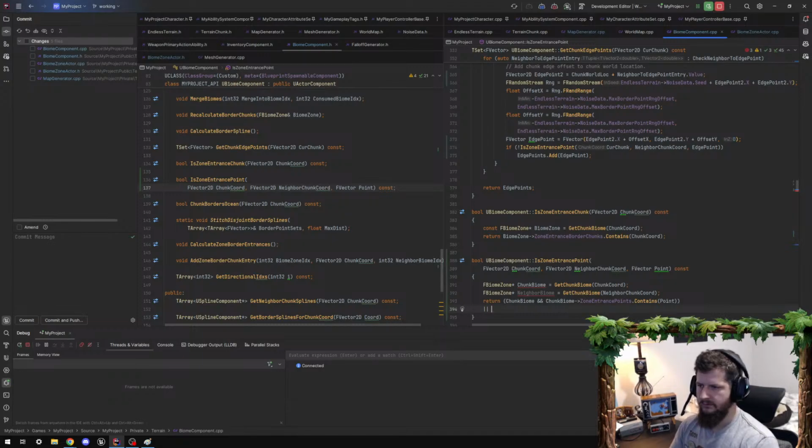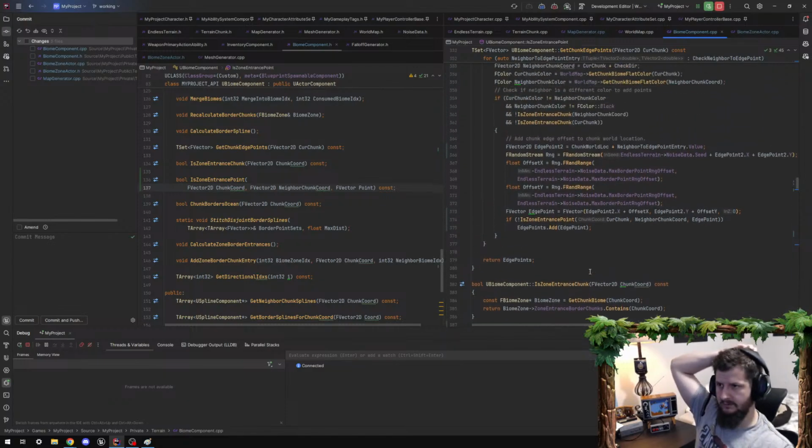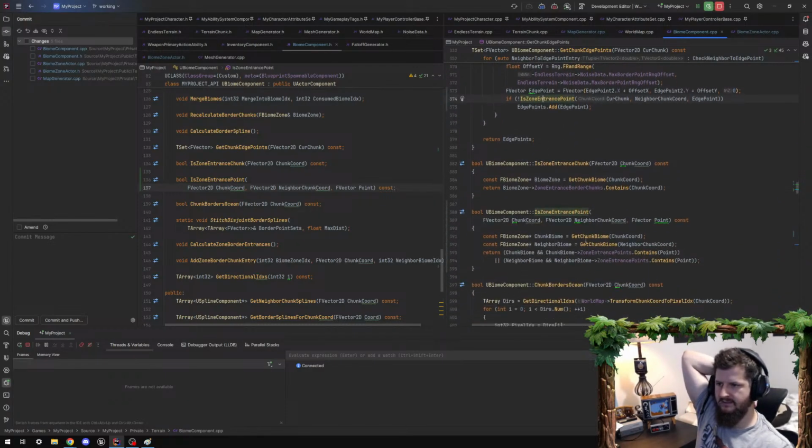Come on, Copilot, you got it. There we go. And get chunk biome. It's a constant pointer. There we go. Okay, so if it's not a zone entrance point, we add it. It's a zone entrance point if it is contained in the zone entrance points set.